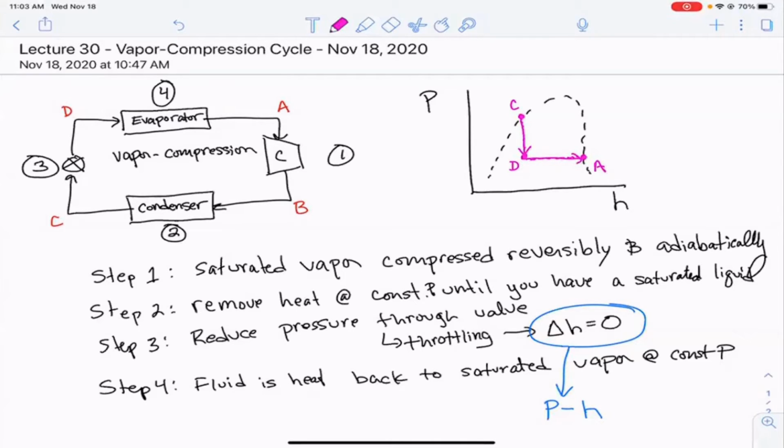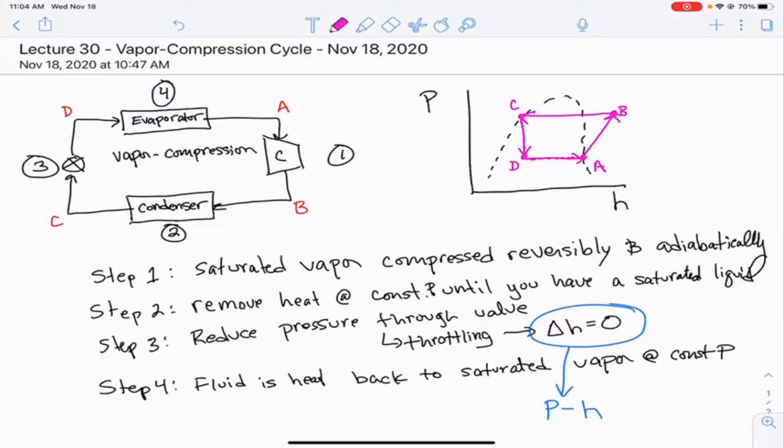Now, for state B, we're going to go through a compressor. If the efficiency is 100%, that will be done isentropically. But our endpoint is at the same pressure as C, so that's a straight line across to B, then here to C, which is saturated liquid, and back down where you have a mixture.